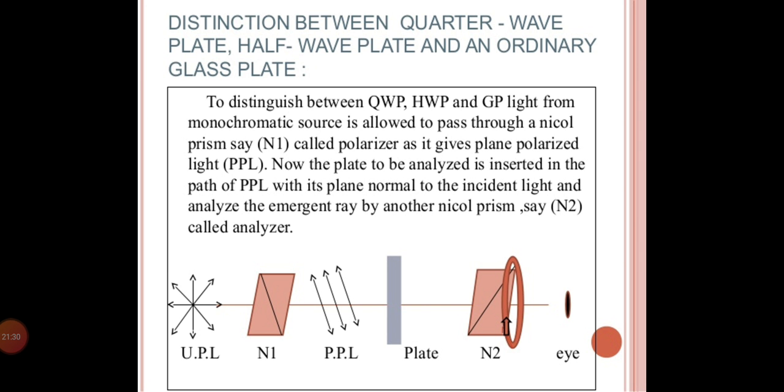When this plane polarized light is made to pass through a plate which is to be verified, whether it is a quarter wave plate, half wave plate or glass plate, we put this plate in the path of the plane polarized light and then analyze it with the help of the second Nicol prism, N2 here. Depending upon the output we get, we can say which type of plate we have inserted. So this is the way we can distinguish between these three types of plates.